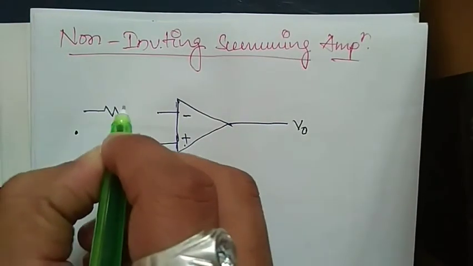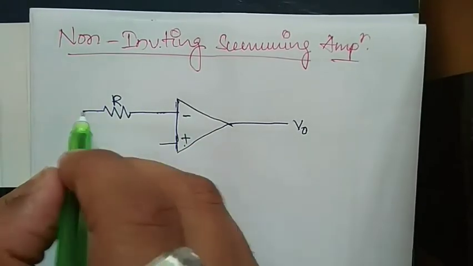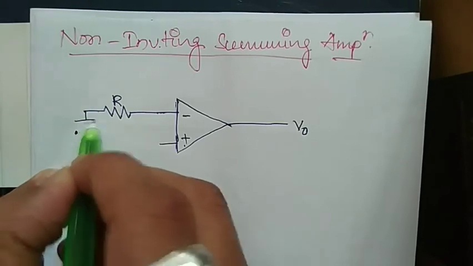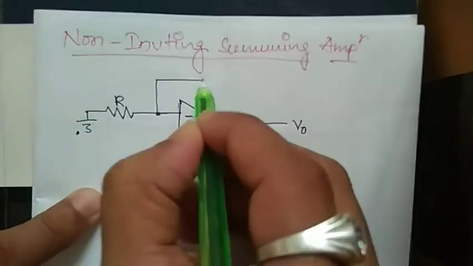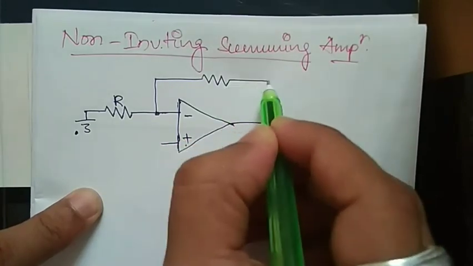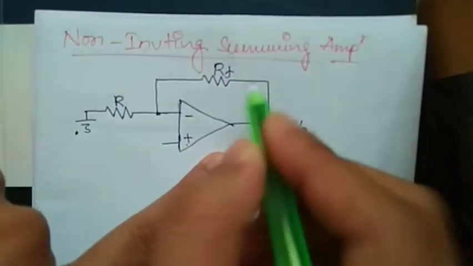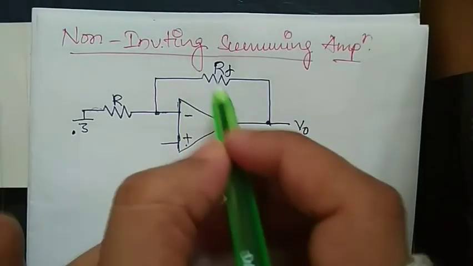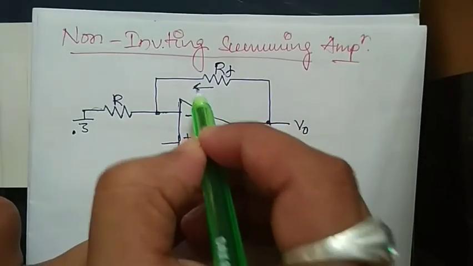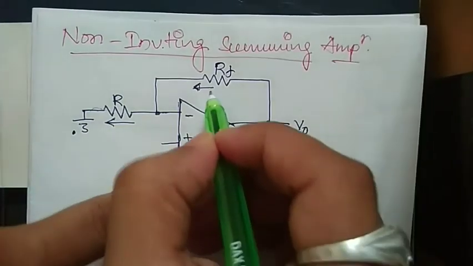So for that we have a resistor R connected to the ground, and the same feedback network RF. Since we are connecting R to ground, your current is now in the reverse direction, that is from output to the input, that is I.